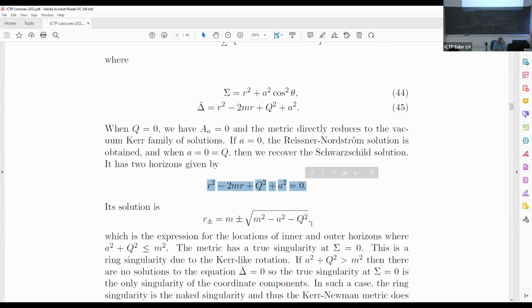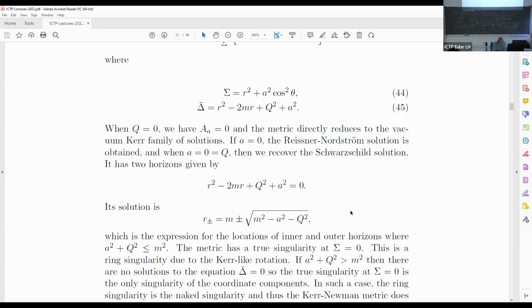And its solution involves a square minus q square, for the Kerr-Newman case.